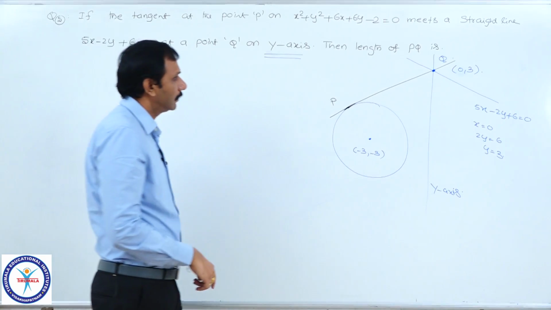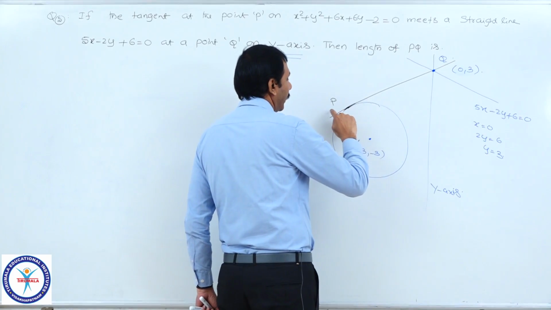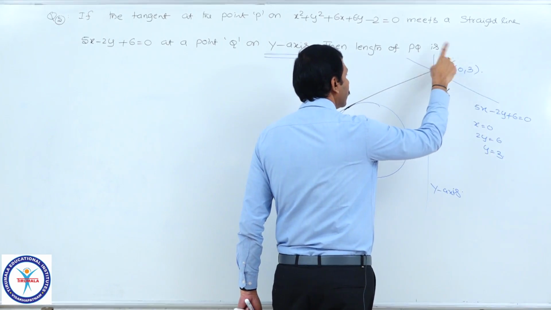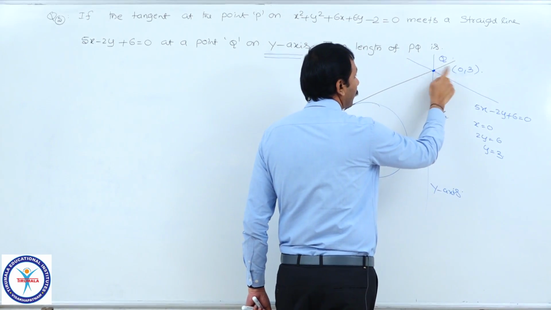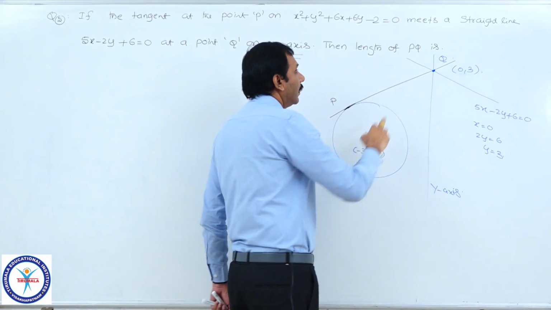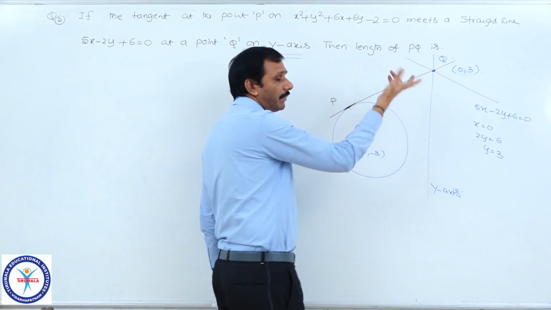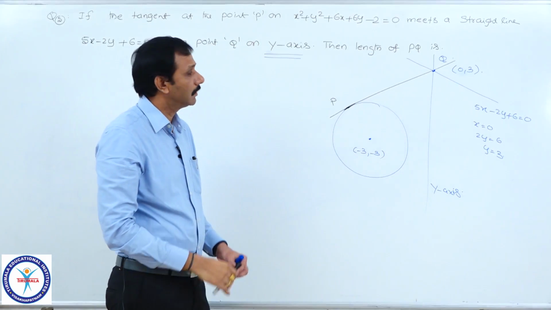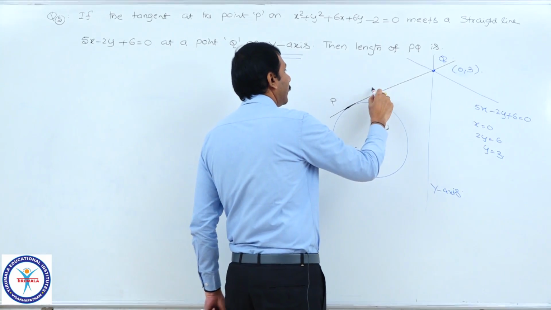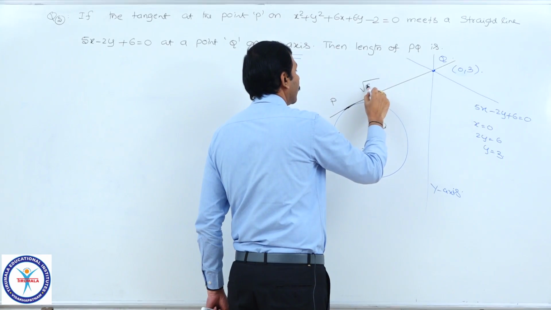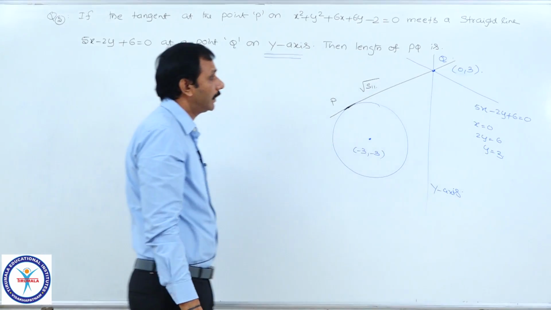See here. From a point P a tangent is drawn, and we found the coordinates of Q as 0, 3. Now PQ is the length of the tangent from the point 0 comma 3 to the circle, and you know that is root S11.